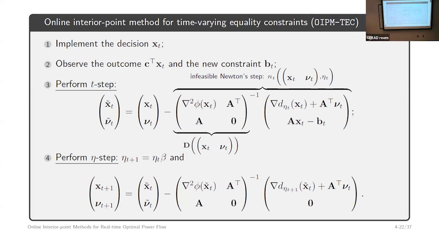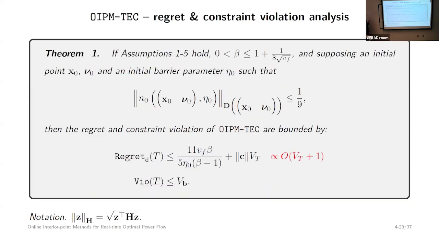Great. So putting together the assumptions we made and making sure that we start at a feasible initial point that has certain characteristics, we will get regret and constraint violation that are both bounded by this term, which is more importantly O of VT plus 1 and VB in this case.